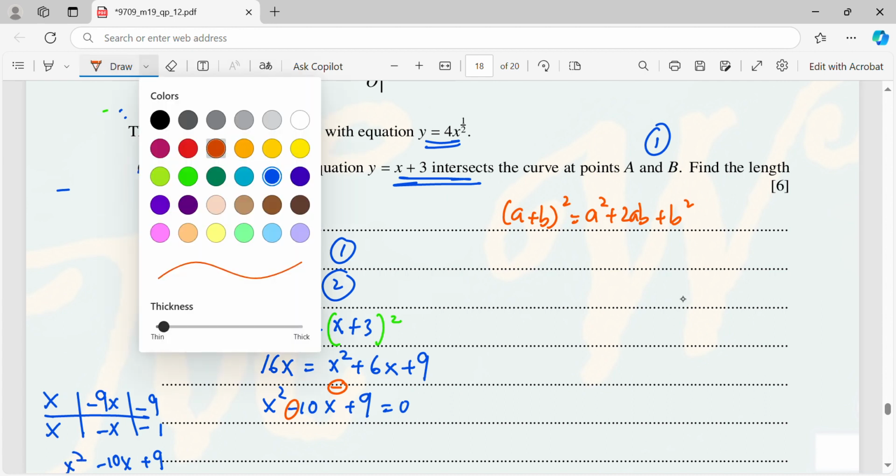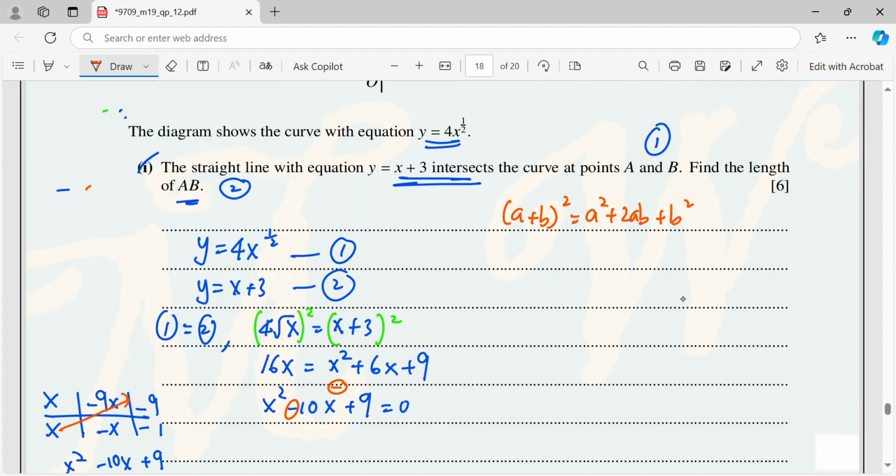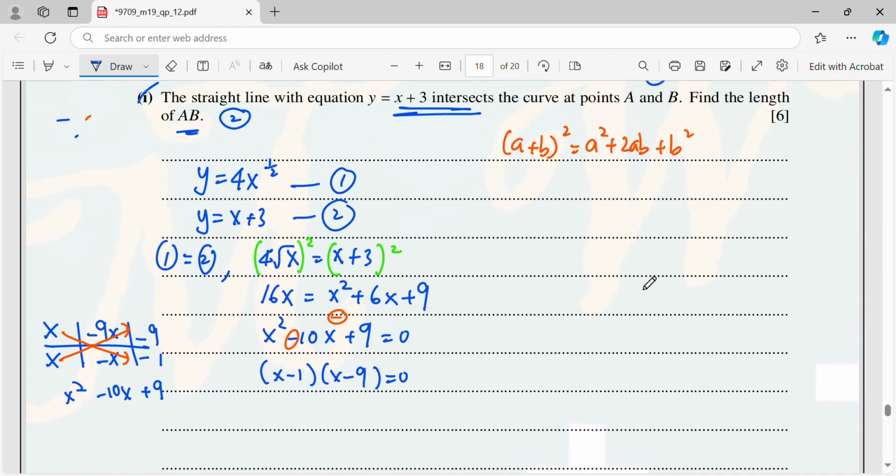Now for the factors, just cross multiply. From here, I get x minus 1 times x minus 9 equals 0. So x minus 1 equals 0, or x minus 9 equals 0, which means x equals 1 or x equals 9. Now I need to find the y coordinates.